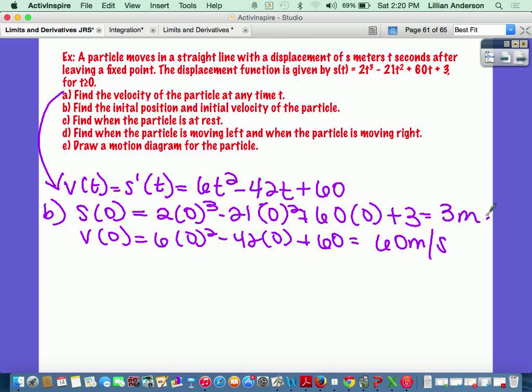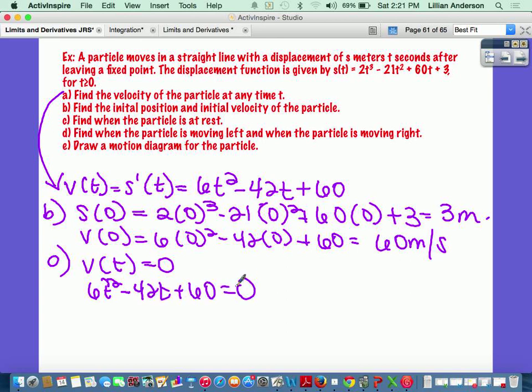Okay, pretty simple. Now, part C, we have to find when the particle is at rest. The particle is at rest when our velocity function equals 0, so we set our velocity function equal to 0. Since this is a quadratic, we can solve it using the quadratic formula.